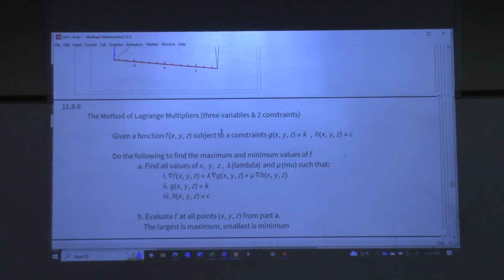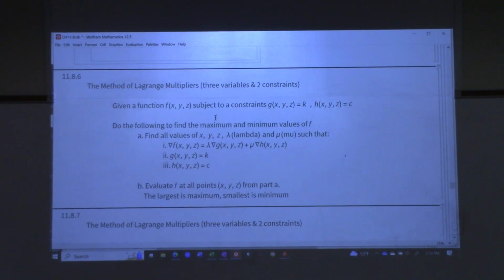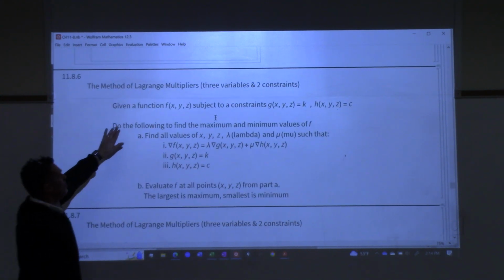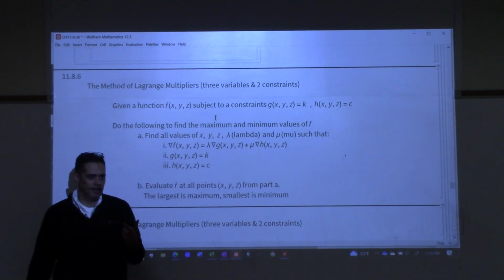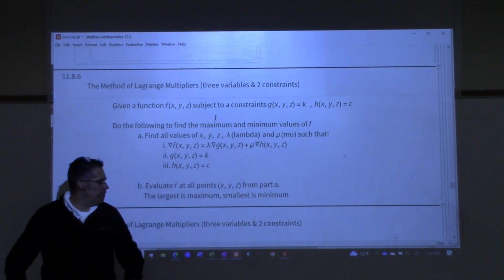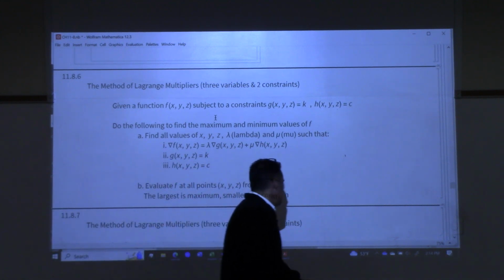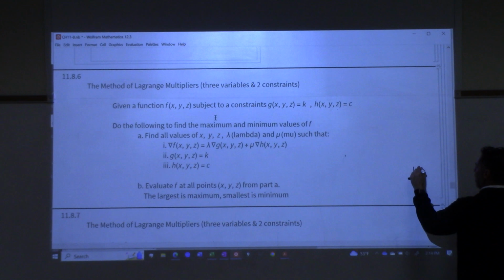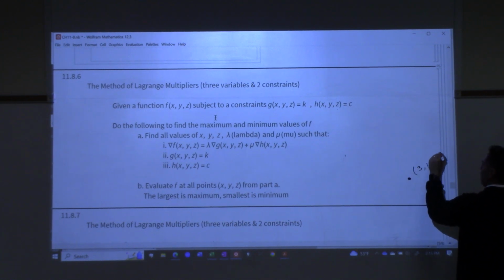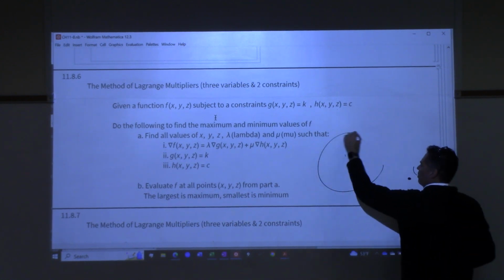So the Lagrange method can be taken even further, where you have a function of 3 variables with 2 constraints. Let's just do the problem we just had a second ago. We had a point, right? This was the point 3, 1, -1, right? And I gave us a constraint of a sphere.